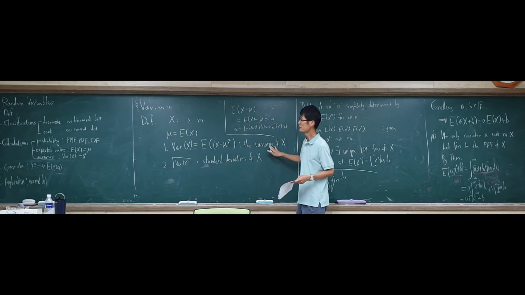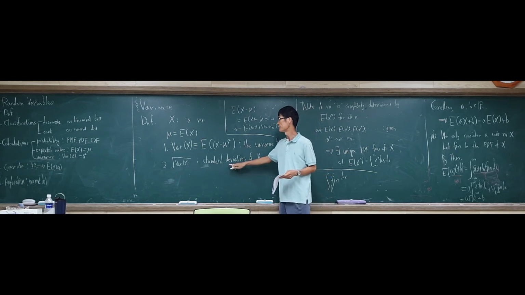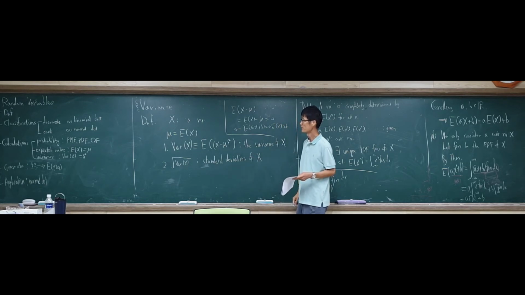Actually, variance is a big number usually, so in many cases it is better to consider the standard deviation. So actually the information contained in variance is the same as that of standard deviation.